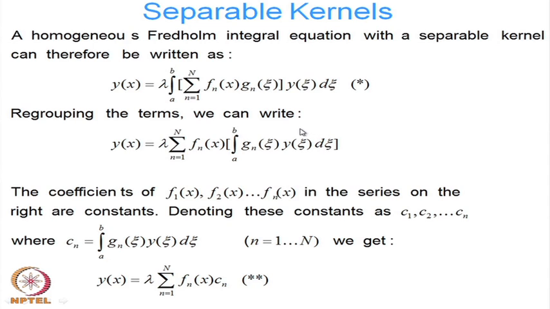If I denote each of these integrals from a to b of g_n xi y xi d xi as C_n, then I can write this integral equation as y of x is equal to lambda times the sum from n equals 1 to n of f_n of x C_n, where C_n is the constant I get after evaluating this integral.